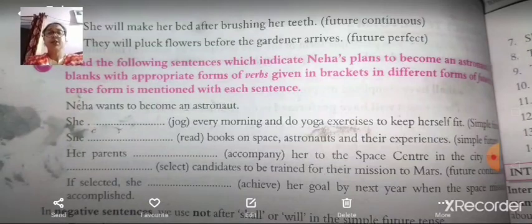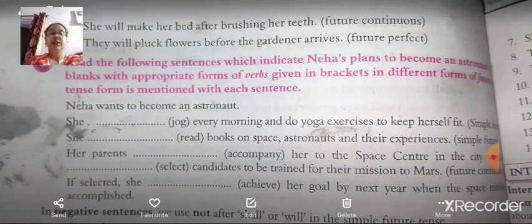She will read books on space, astronauts and their experiences. Simple future tense. Her parents will be accompanying her to the space center in the city where scientists will be selecting candidates to be trained for their mission to Mars.